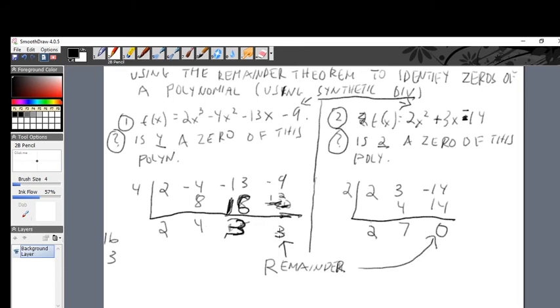If the remainder is 0, then yes, 2 is a 0 of this polynomial.